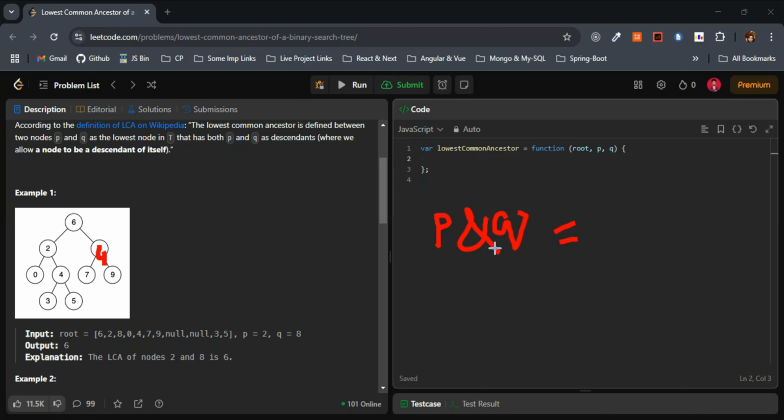It cannot happen, but still we'll consider that if P and Q are less than the root, then the LCA will be in the left subtree.